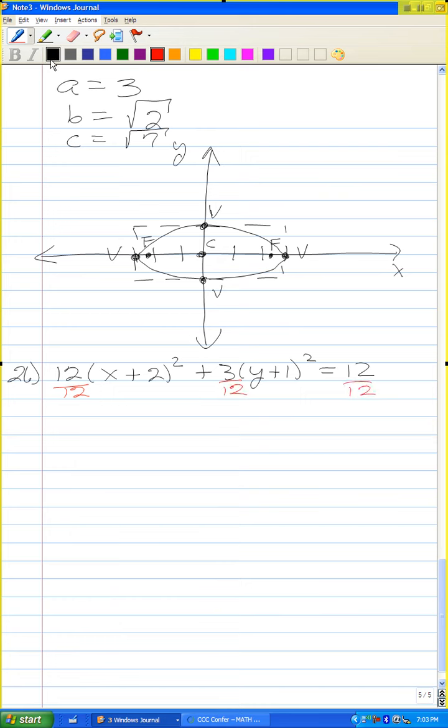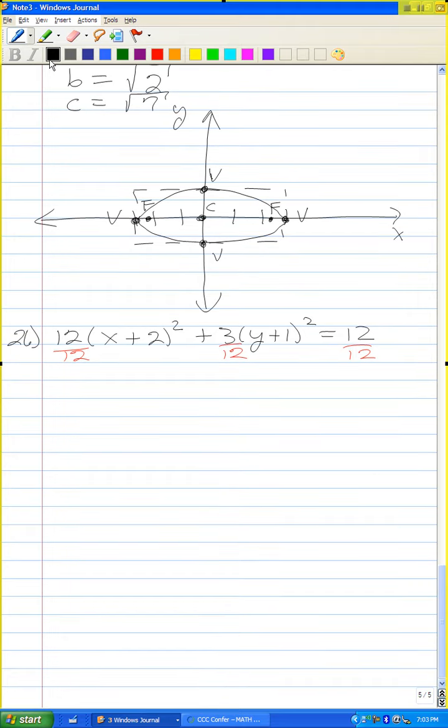And so I have here (x plus 2) squared over 1 plus (y plus 1) squared over 4 is equal to 1.